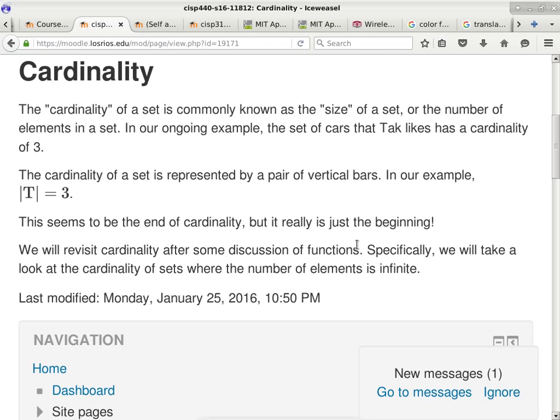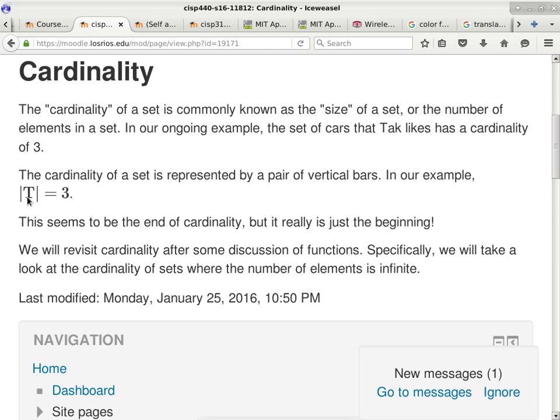Okay, cardinality is really just a fancy name for size of. It's just, how many things are there in a set? That's basically what it's asking. So in this case, when we look at the cars that I like, there are 3. So the cardinality of that particular set is 3.